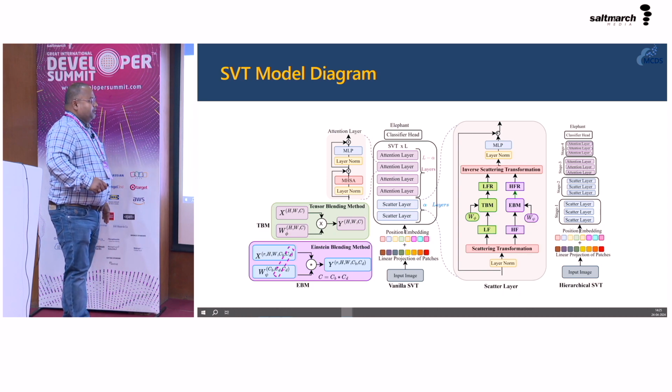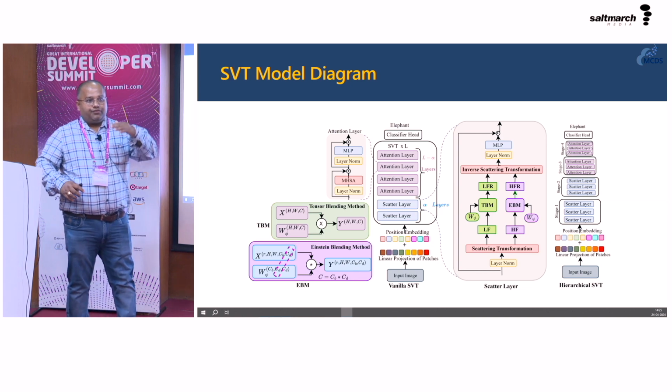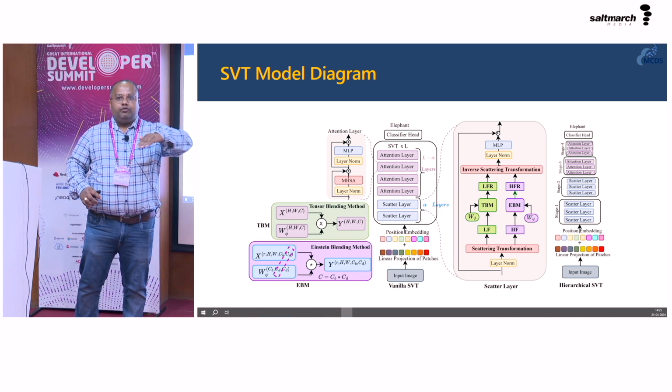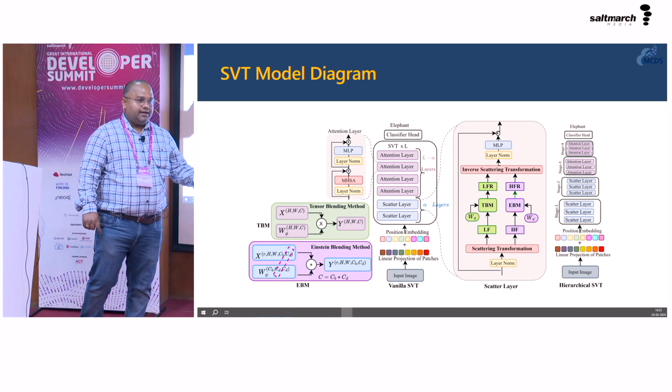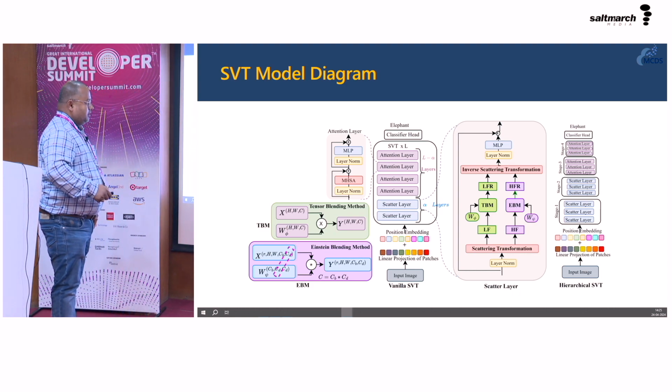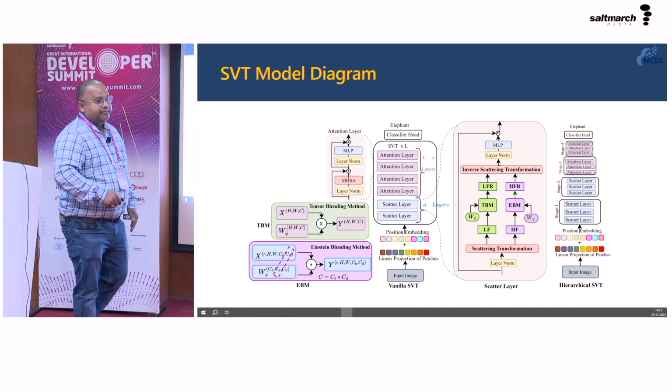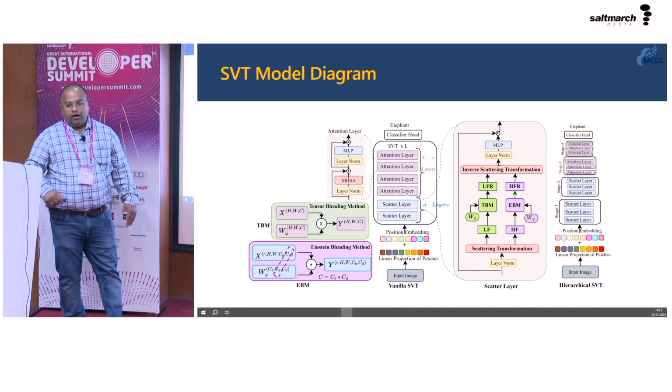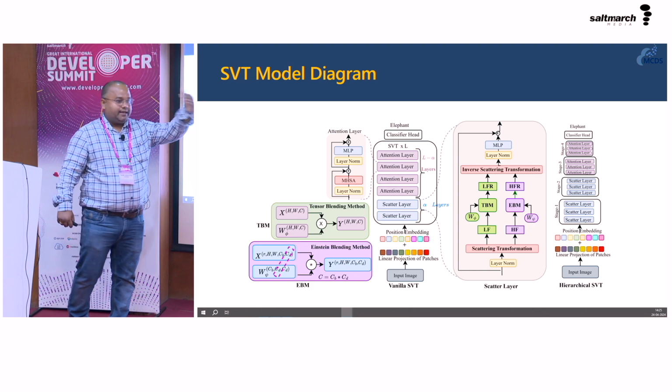Then we use a weighting method: what frequency components do we need to pass to the next layer? That can be decided by this weighting mechanism. This is the gating mechanism we use to learn how much frequency we pass to the next layer.